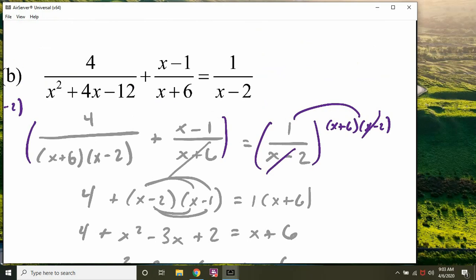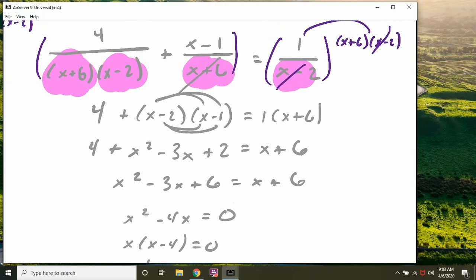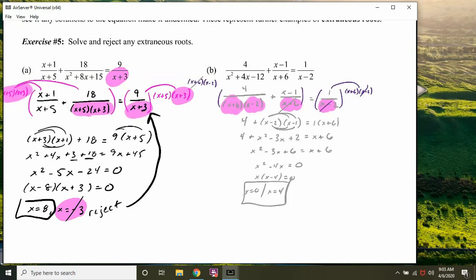Here, x equals 0 is okay. It doesn't make any of our denominators 0. X equals negative 6 would make a denominator 0. X equals positive 2 makes a denominator 0. Okay, so both of our answers are good here. We didn't get any of those back. Okay, so sometimes you end up rejecting, sometimes you don't. Really all comes down to the problem.